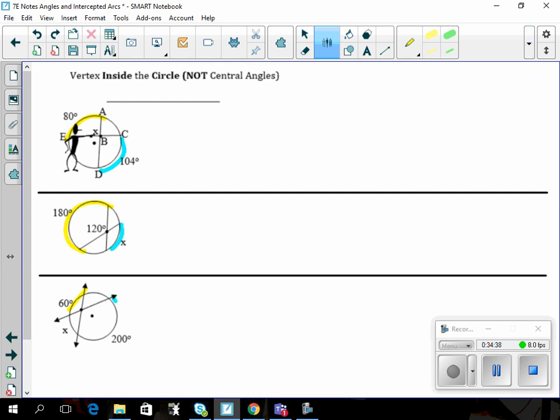My smartboard doesn't like to make curves, but you get the idea. Okay. Can you maybe look at the picture and try to decipher why those are the arcs I'm highlighting?